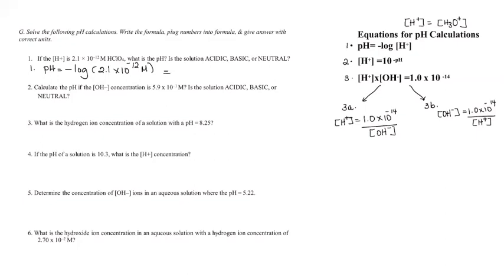If we go by the rules of Sig Figs, which is what you're going to see in the answer key, because this has 2 Sig Figs, your final answer for pH needs to have 2 decimal places. So when we round our answer to 2 decimal places, what is the answer for this? What did people get?